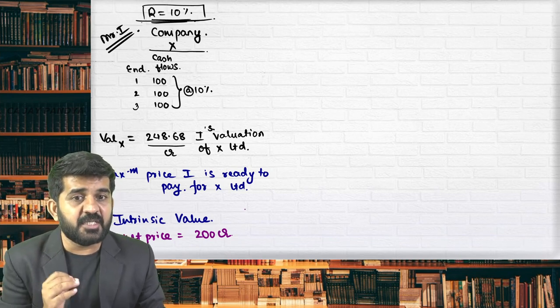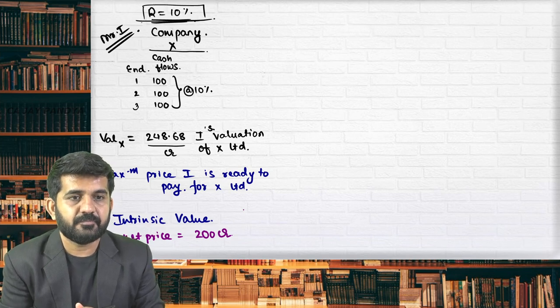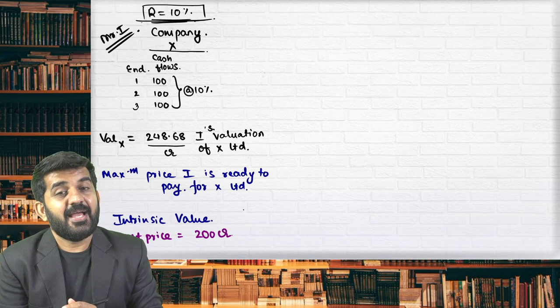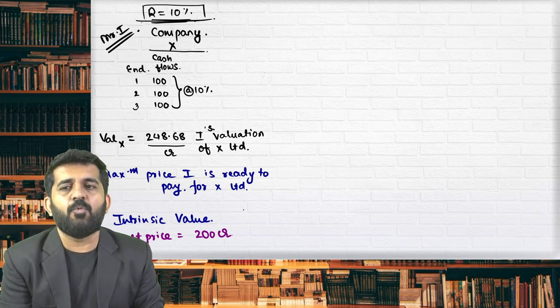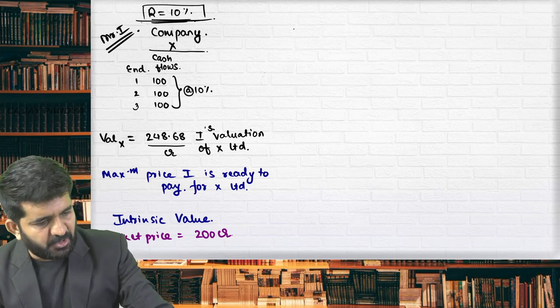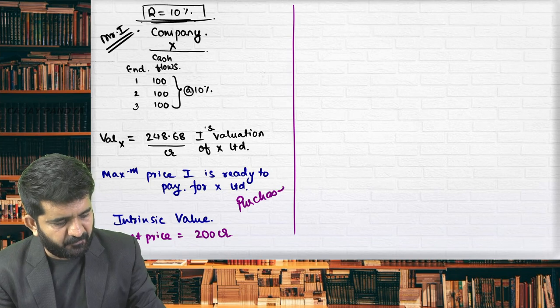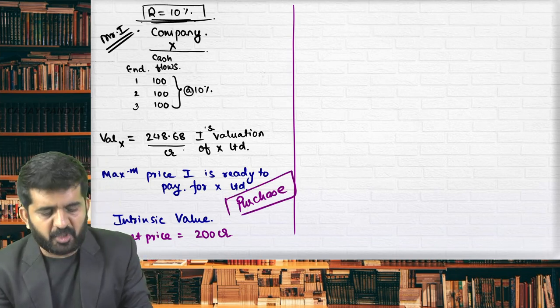My question is, what exactly does it mean when NPV is positive? It means my actual rate of return is higher than what I am expecting. Your answer is absolutely correct, you should purchase this company. See, this was the maximum price you were ready to pay, 248.68.